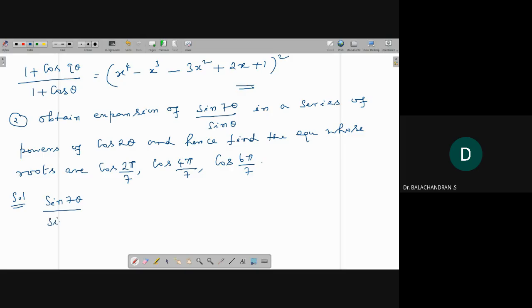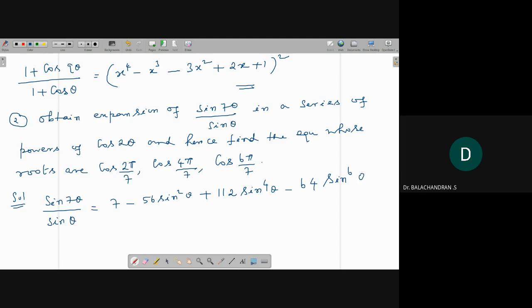I think you know what sine 7 theta by sine theta is already. Is it correct? Please tell quickly. It is 7 minus 56 sine square theta plus 112 sine power 4 theta minus 64 sine power 6 theta.